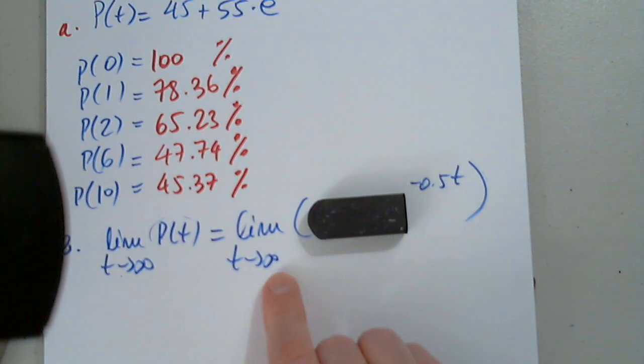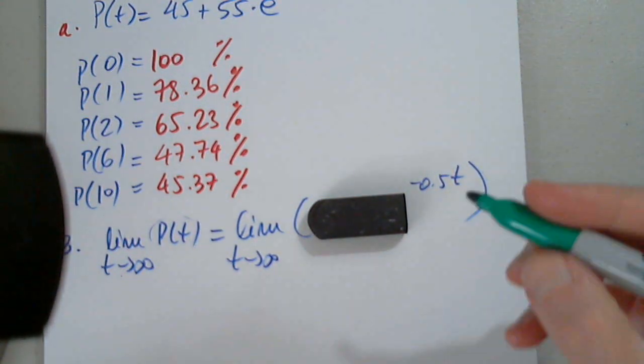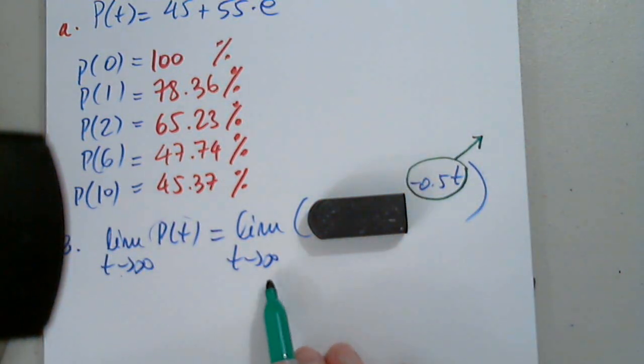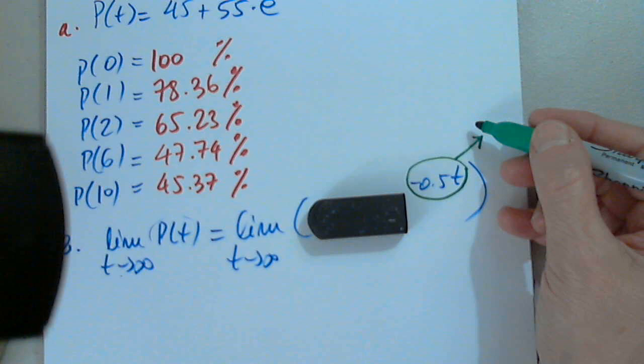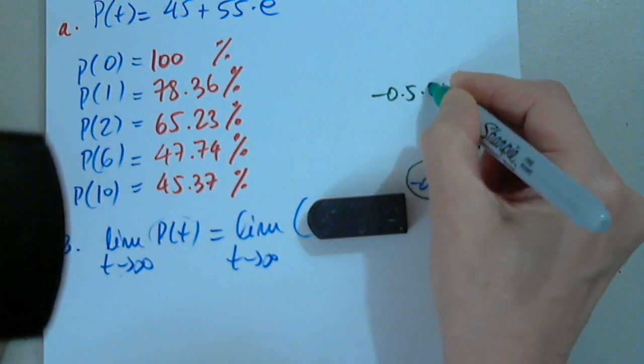So I have to start with t. When t approaches infinity, negative 0.5 t will go where? What is the tendency of this when t approaches infinity? Is it 0? Careful. Negative 0.5 times infinity.